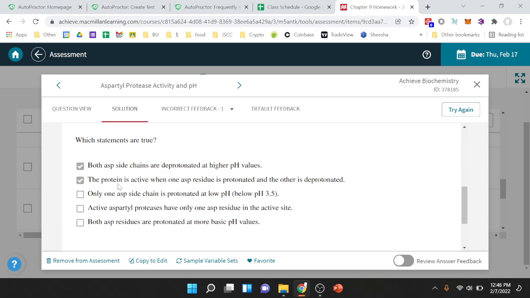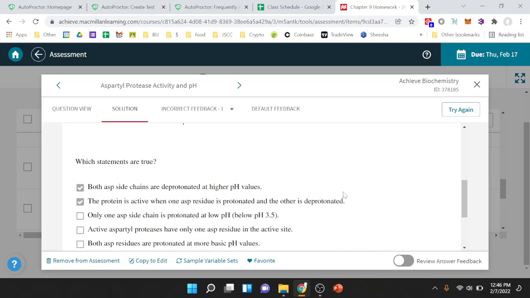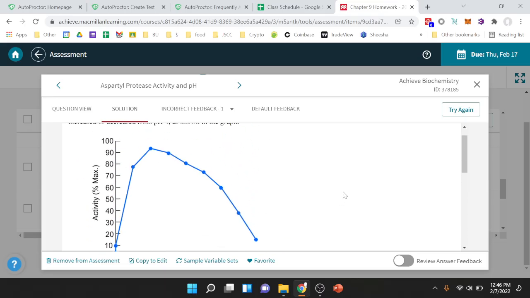That makes sense. The protein is active when one ASP residue is protonated and the other is deprotonated. Okay, so we need to think about that a little bit.